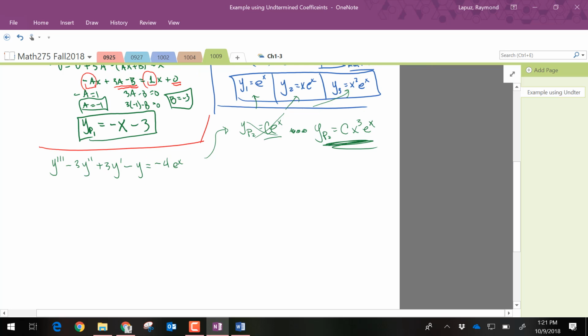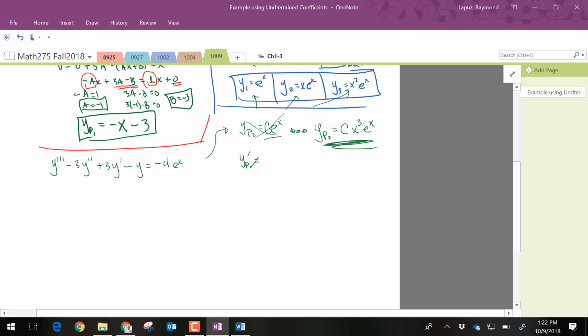Y sub p sub 2 prime is equal to what? What's a table method? That's kind of like, I use a table if you have to do integration by parts a bunch of times.